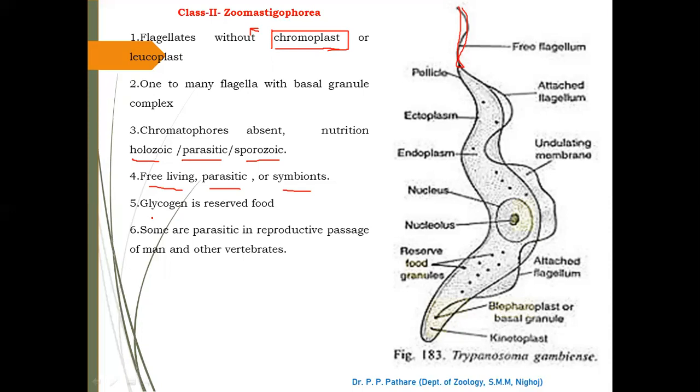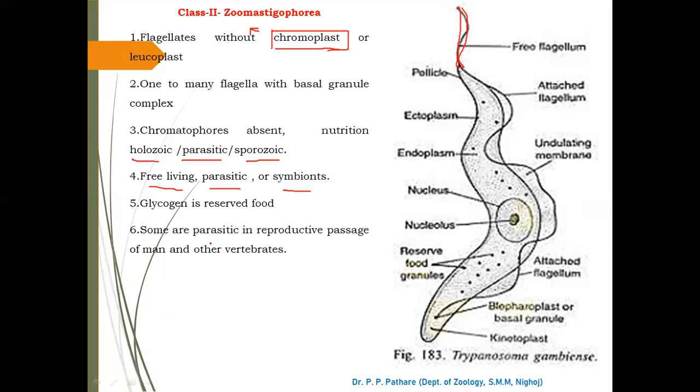Some are parasitic in reproductive phases of man and other vertebrates. I gave the information regarding this sentence because it is parasitic in nature, symbiotic in nature. So they can choose any host animal for living, and they can complete their life inside another host by using the symbiotic relationship.